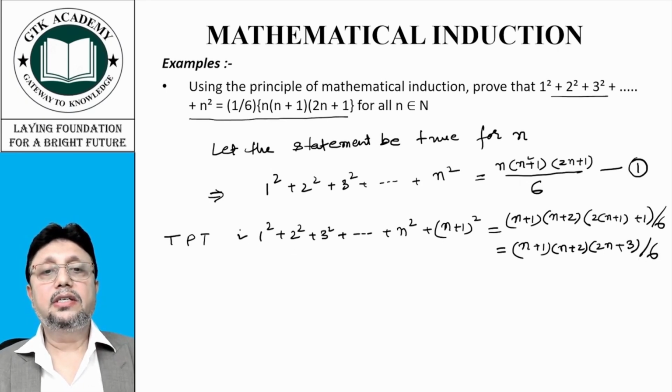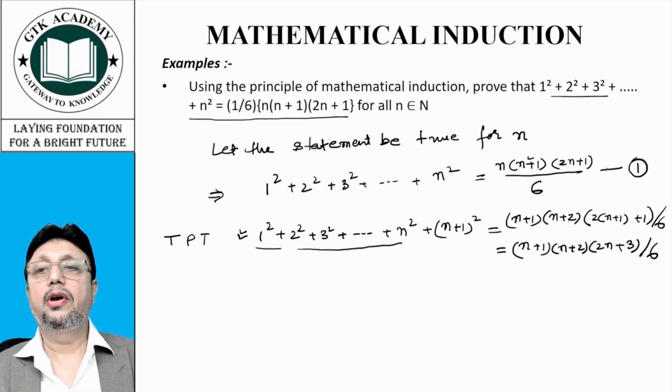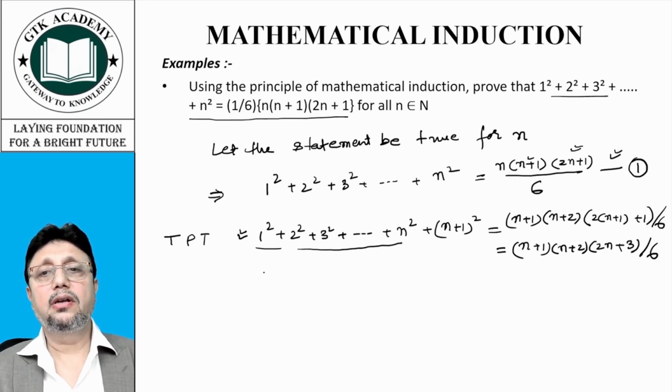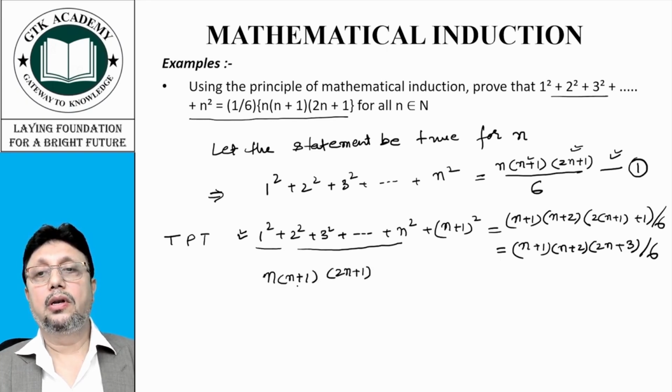Now consider this expression. Till this place we have already assumed that this is true. 1 square plus 2 square plus 3 square till n square, the value is this. So put it here. That means n into n plus 1 into 2n plus 1 divided by 6 plus n plus 1 whole square.